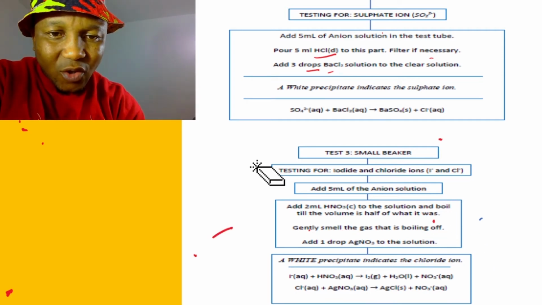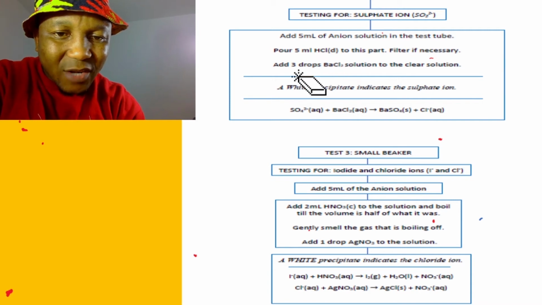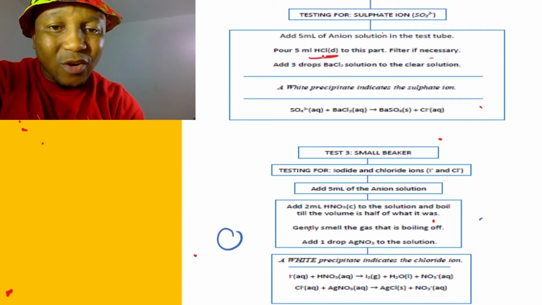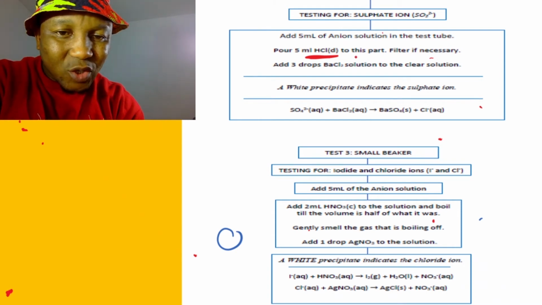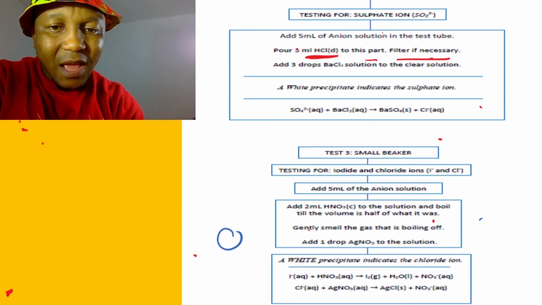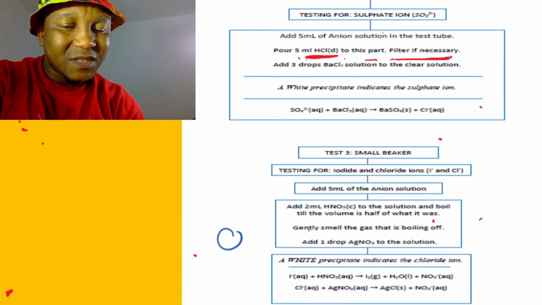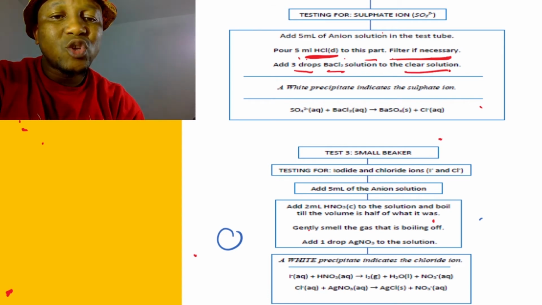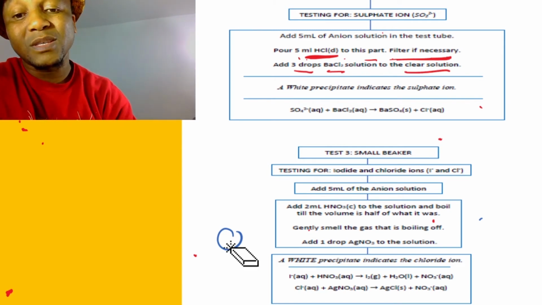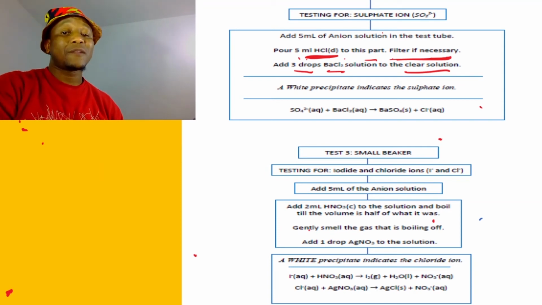And then to clear this, if you add hydrochloric acid, it means it clears the solution. Why hydrochloric acid? 5 milliliters of hydrochloric acid to this part, and then filter if it's necessary, and then you add 3 drops of barium chloride solution to clear the solution. Okay, so we see it's going to clear the solution, barium chloride.